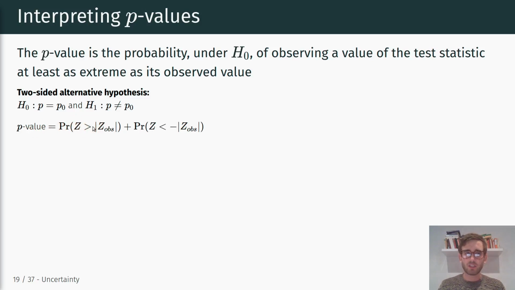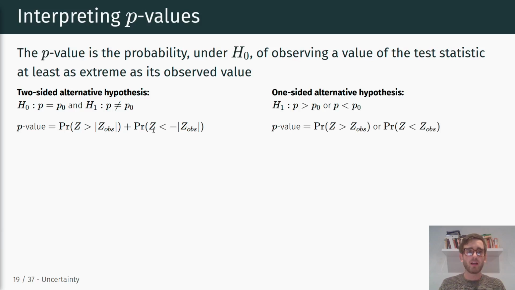And then the p-value is essentially the probability of z being larger than our observed z value or smaller than the negative observed z value, right? So we have to look at both the probability of being larger and smaller than the observed value. Okay. We can also look at one-sided alternative hypotheses. Here, the null hypothesis is the same, so that's p is equal to p0, and our alternative hypothesis is either that p is larger than p0 or that p is smaller than p0.